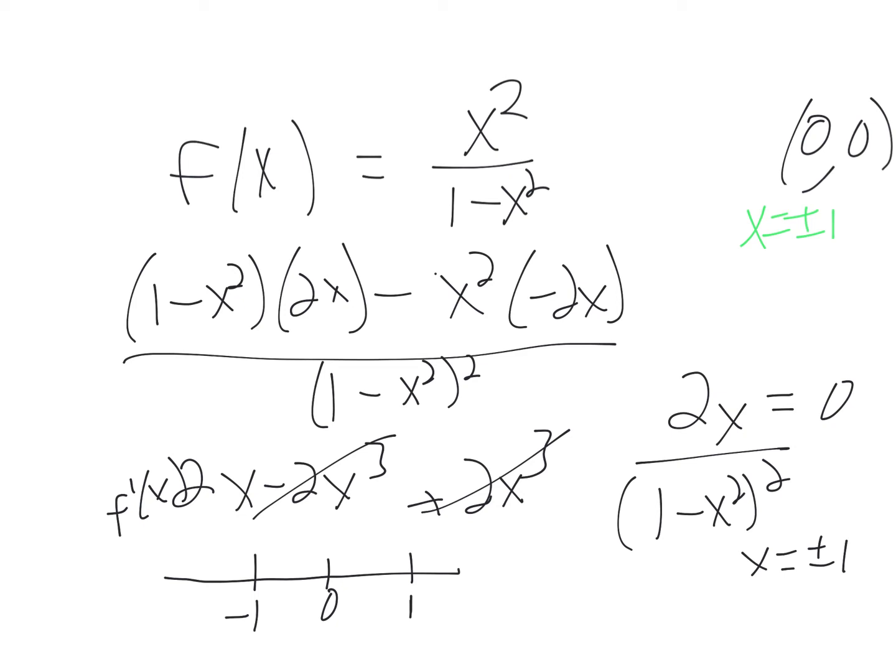So what do I want to substitute in? How about -10? If that's -10 and that's -10, I'm going to get -20 over a positive number, won't I? So that's going to be a negative value. That tells me the derivative is negative there.